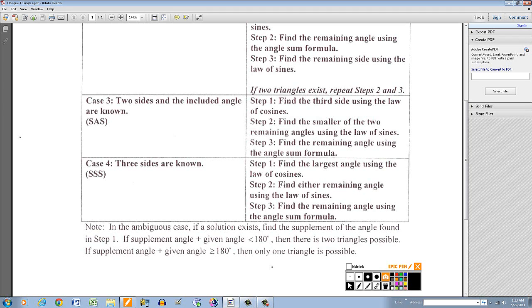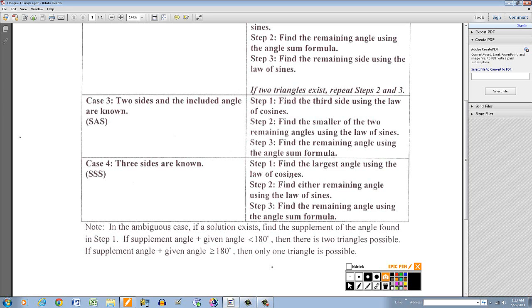Now I want to point out that you don't have to use the law of sines here if you don't want to. You can strictly use the law of cosines and find all 3 angles, or actually find 2 of the angles, and then add them and subtract from 180 and you have it. But it's easier to work with the formula for the law of sines than it is for cosines.